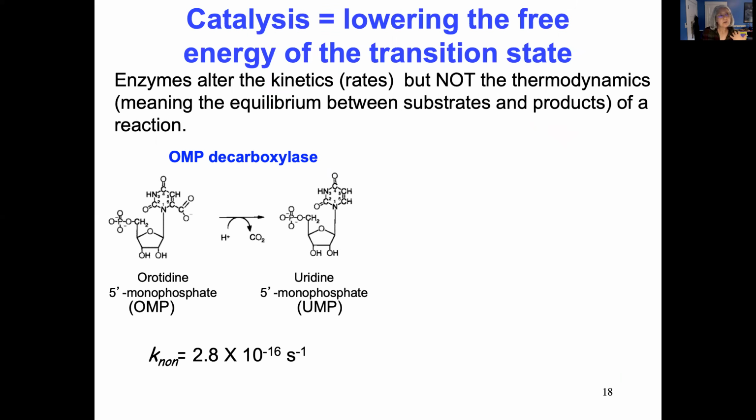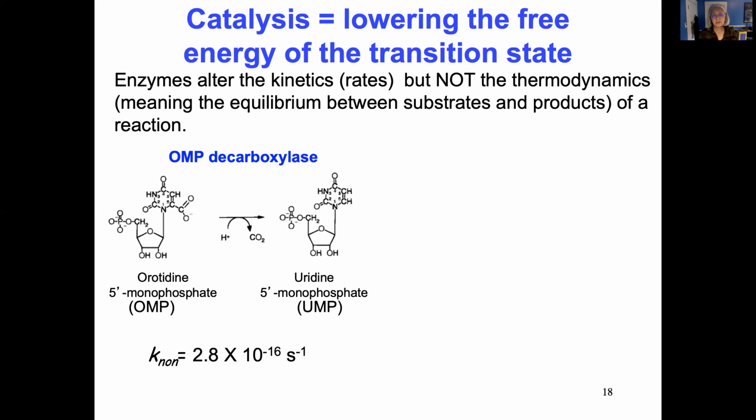All right, so we've talked about some specific ways that enzymes increase rates of reaction. But I want to finish by talking about one general theory of enzyme catalysis. And that involves thinking about how enzymes lower the free energy of the transition state of the reactions that they catalyze.